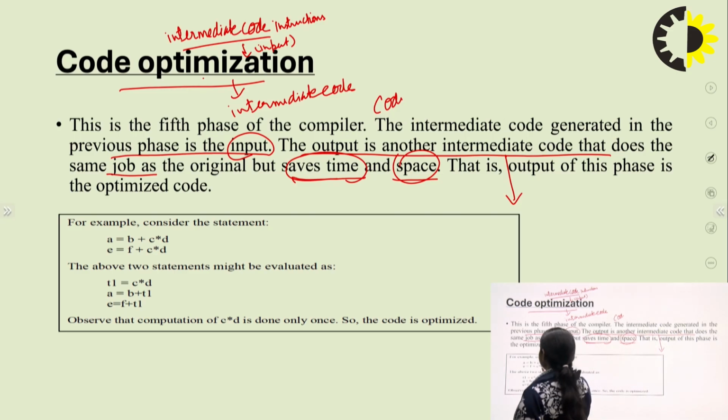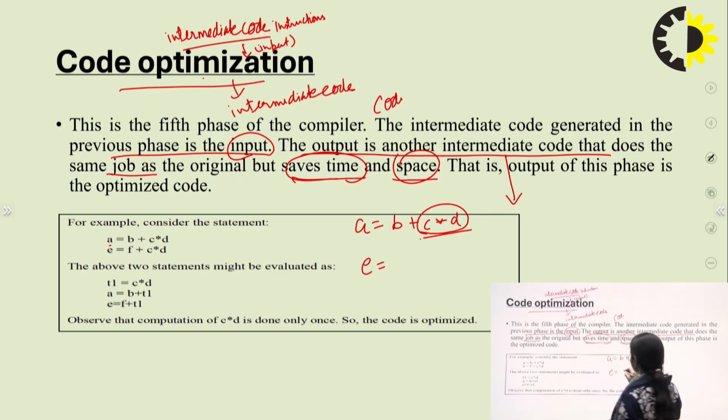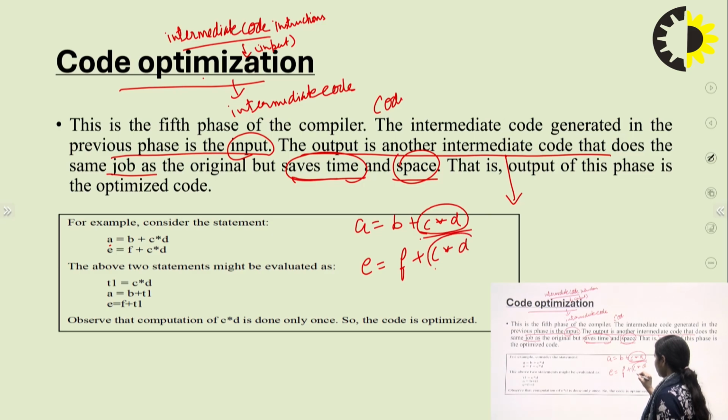So let's take an example here: A is equals to B plus C into D, right? And when we are writing E is equals to F plus C into D, here also C into D is the same.